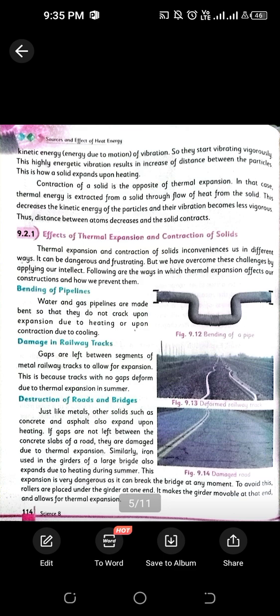Take the example of the water pipe. In winters, usually the pipes contract themselves and become the same size as the original size, right? This phenomenon is called contraction.